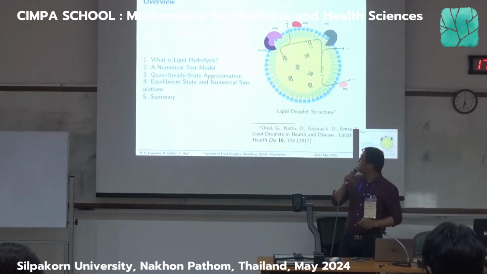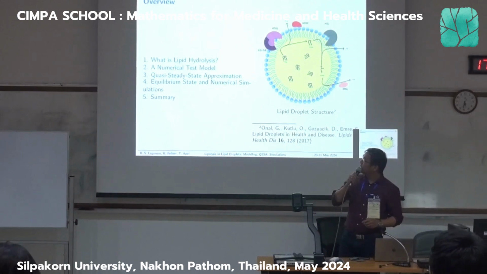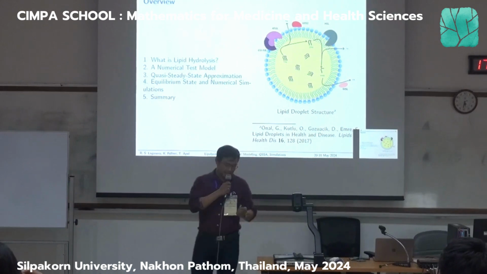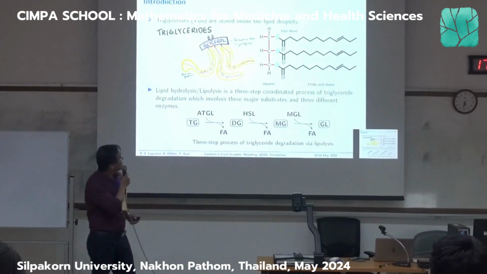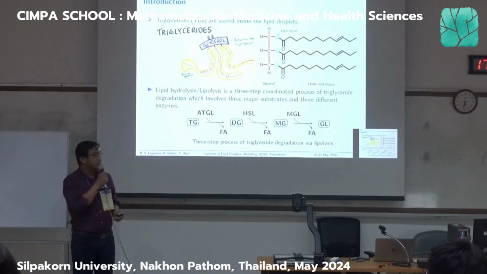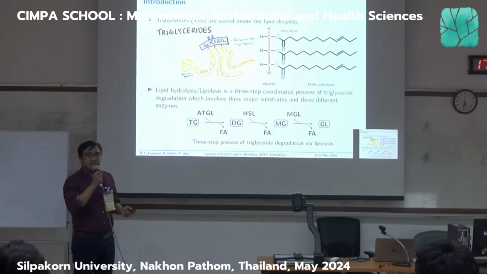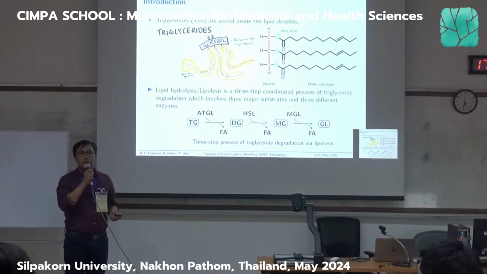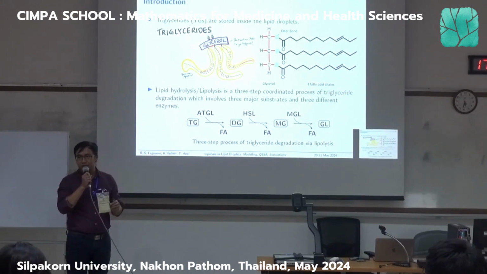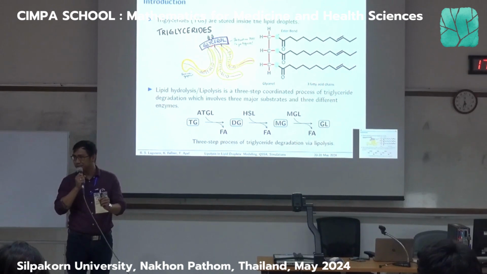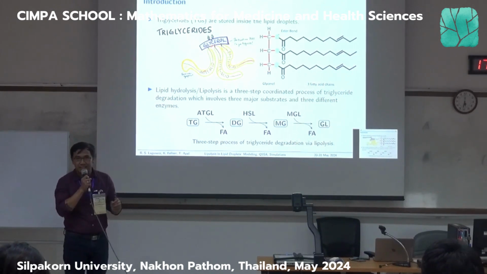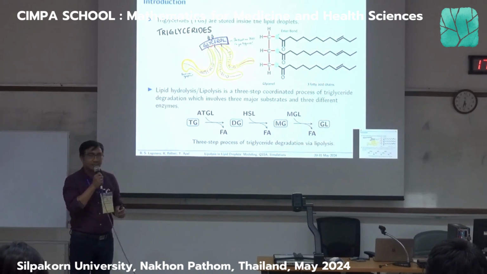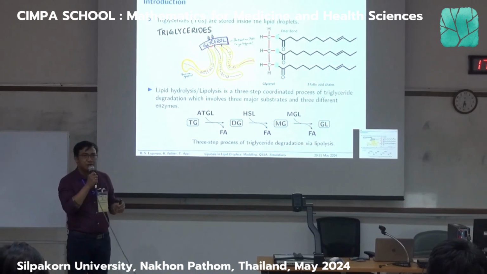Let me start with a brief introduction. What do we mean by lipid hydrolysis? Lipid hydrolysis, or lipolysis as biochemists sometimes call it, is the process of breaking down the fats in the body. Of course, that's the layman's term. But if you look at the biomolecular level, there's a lot more to see.